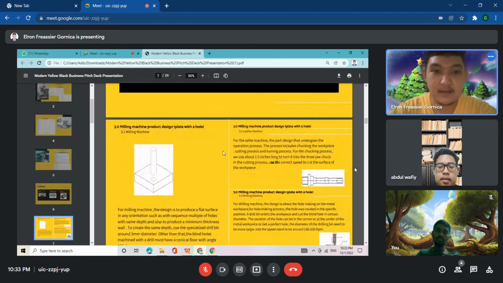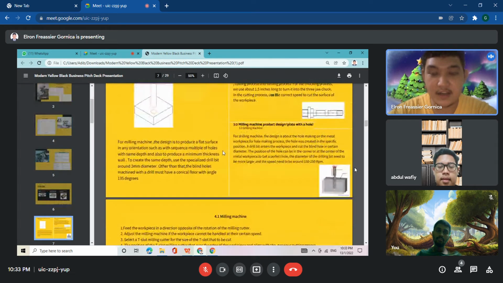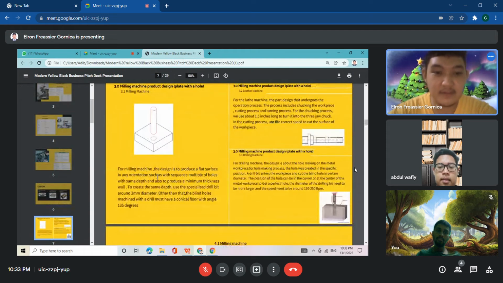So this is the process of the design for the milling machine. If you want to create the same depth, you need to use a specialized drill bit, around 3 millimeter diameter, and the conical flow of the drill bit must be 135 degrees.